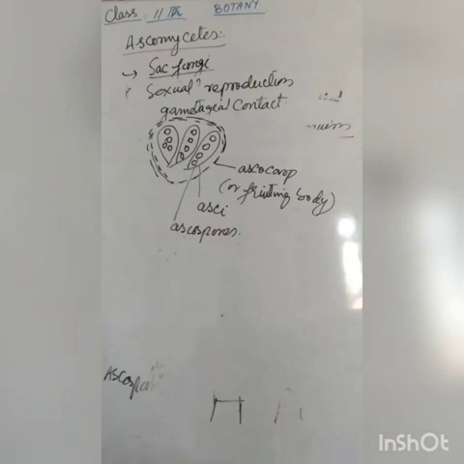Now ascocarps may be rounded and closed. When these are rounded or closed, that is called cleistothecium.